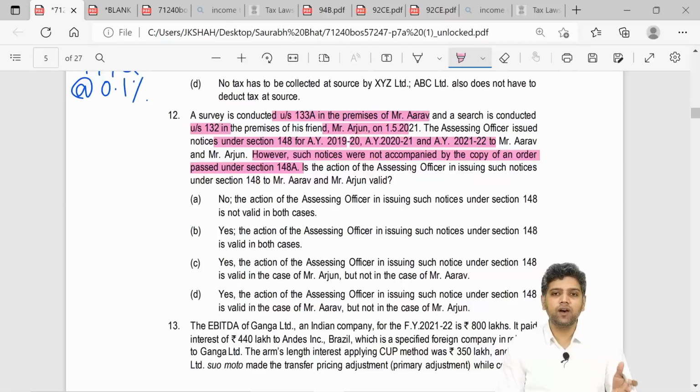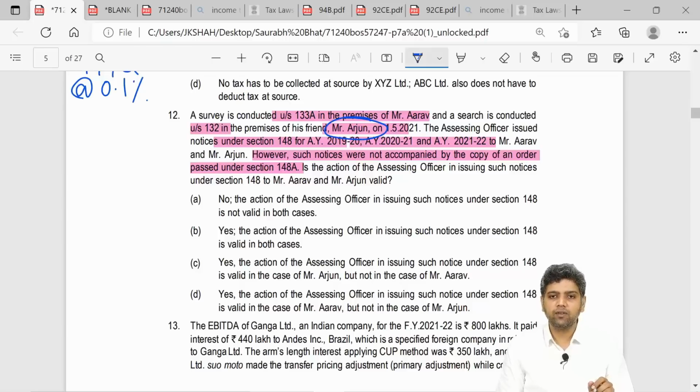But in case of search, your premises have been raided, already they have got incriminating material. So there is no need for conducting any other inquiry under 148A, and therefore under section 148 the notice issued in respect of this person Arjun would be valid, because in his case search was conducted.